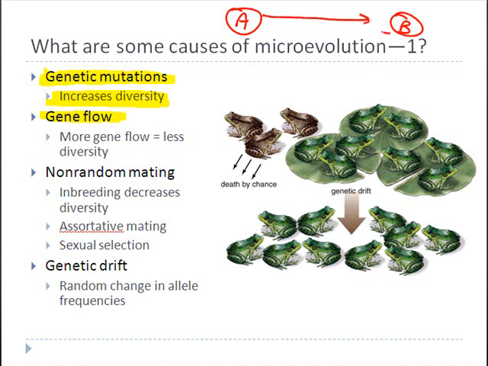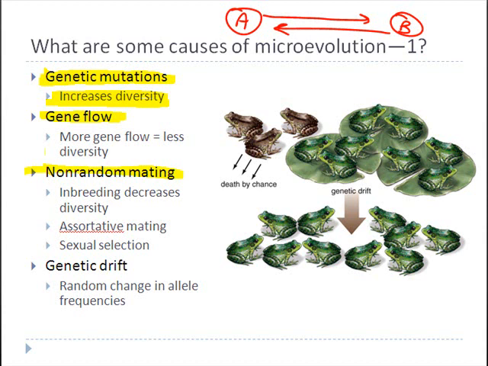However, if those two populations exchange members through migration or movement patterns, then that is called gene flow, and the more gene flow I have, the less diversity there will be between these two, the more they will be like one single population.